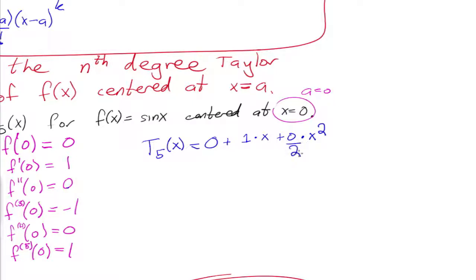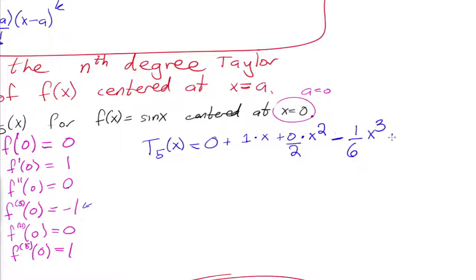So I'm just writing, I know this is going to be 0, but I'm writing it down anyways, just so that you guys can see. So plus, what's the next one going to be? The third derivative, right? So that's going to be minus 1 over 3 factorial, which is 6, x to the third, right? You guys agree? You guys with me?